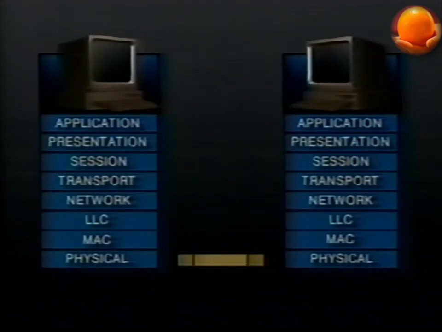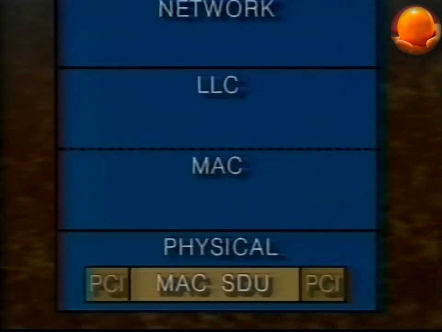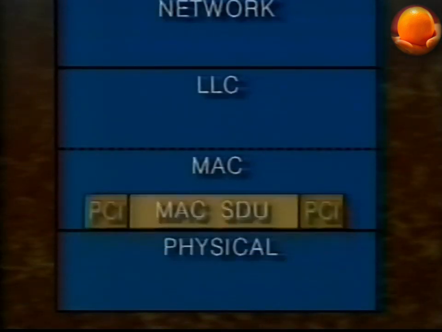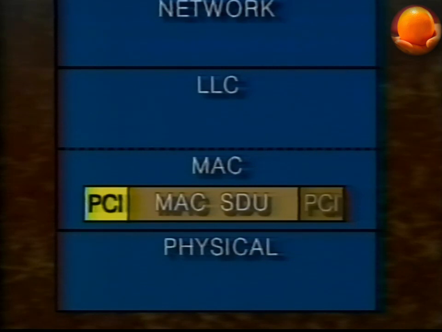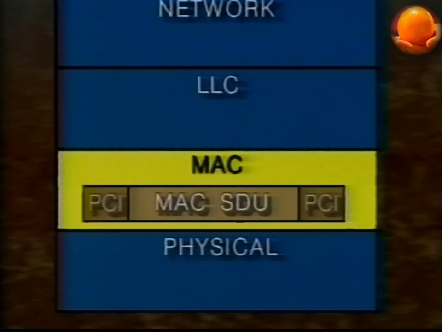Protocol control information in the MAC frame contains the address of the station that is to receive the frame. This station examines the control information and detects that the MAC PDU is intended for it. A MAC entity there accepts the MAC PDU.